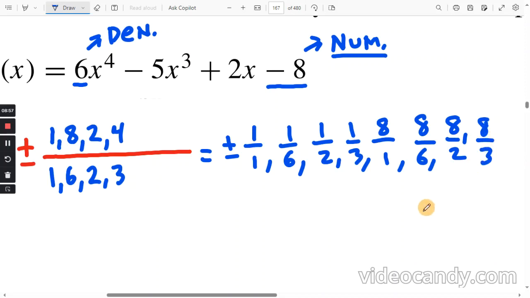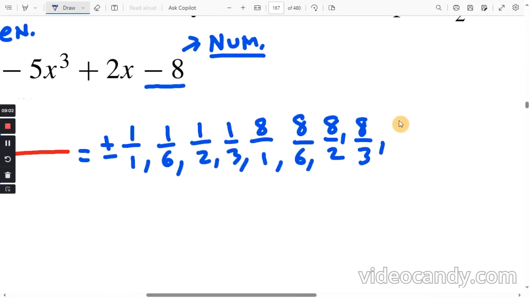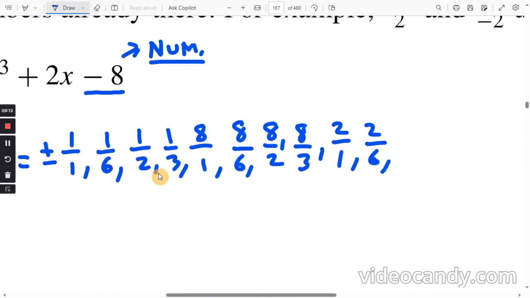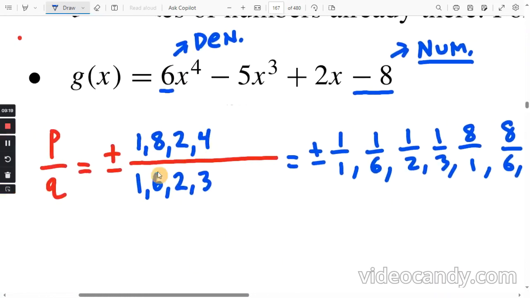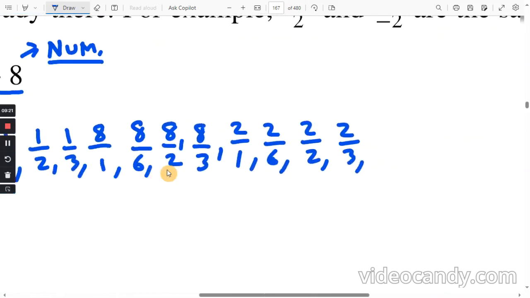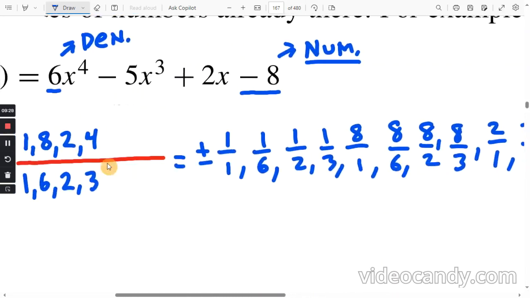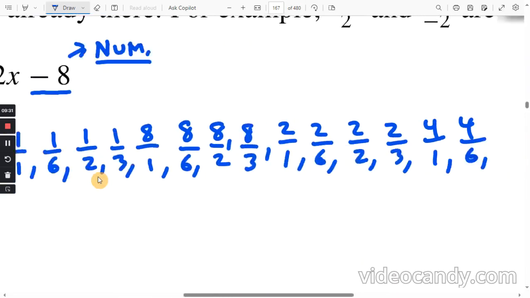Let's see if we have room here. 2 over 1, 2 over 6, and then 2 over 2, 2 over 3. Finally, 4 over 1, 4 over 6, 4 over 2, 4 over 3.